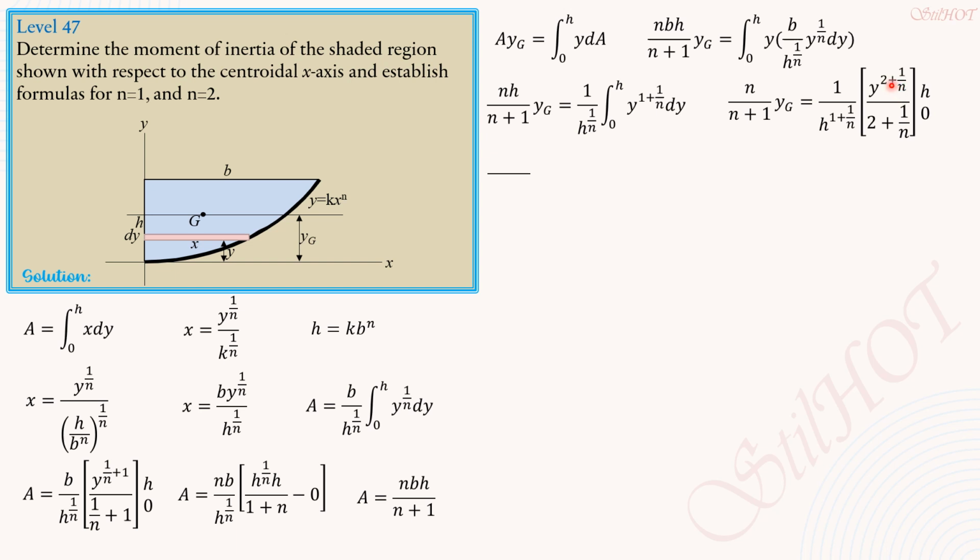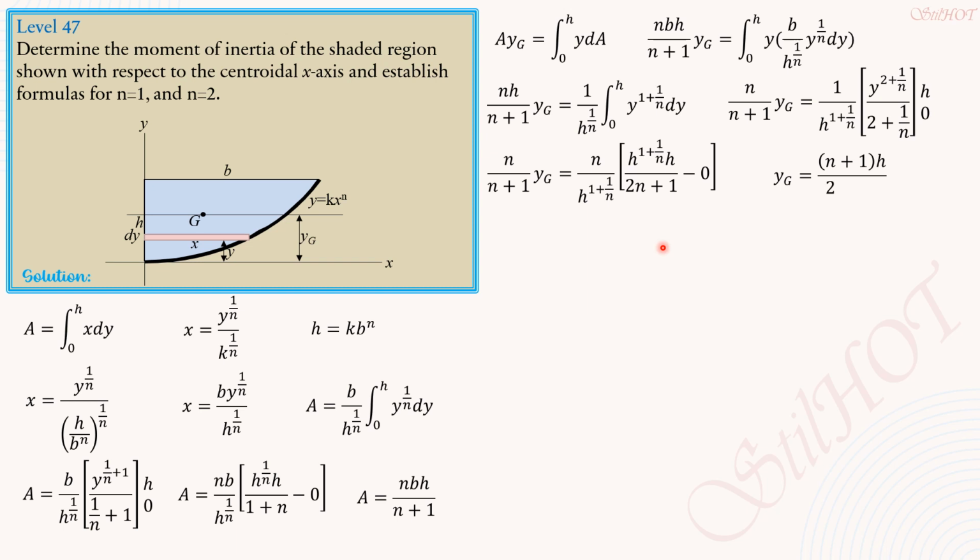Let's break 2 into 1 plus 1. So n over n plus 1, yg equals n over h to the 1 plus 1 over n, h to the 1 plus 1 over n times h over 2n plus 1 over n, so the n here is now in the numerator. So cancel out h to the 1 plus 1 over n. So yg is n times, cancel out n. So yg is n plus 1 h over 2n plus 1.